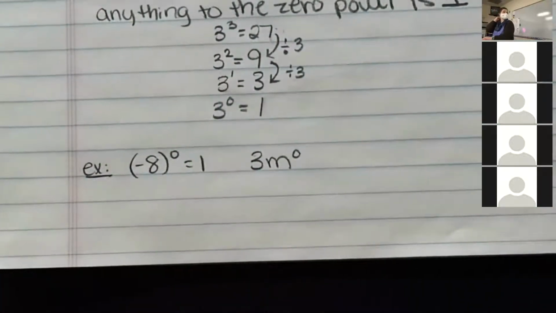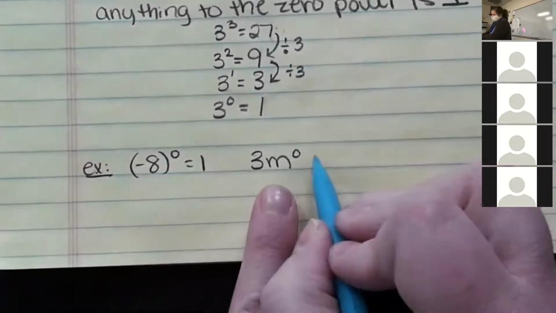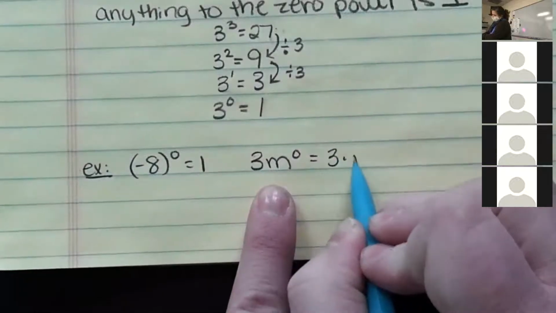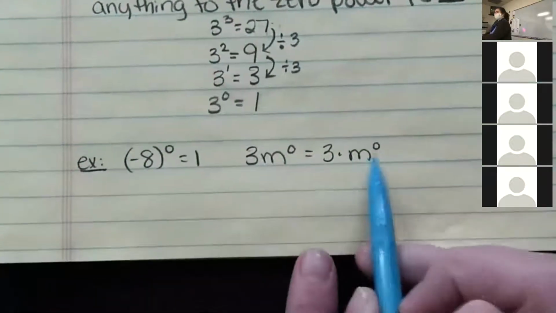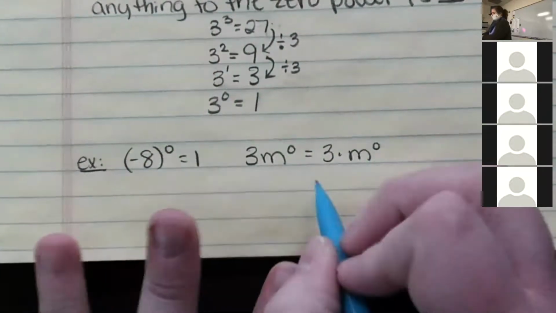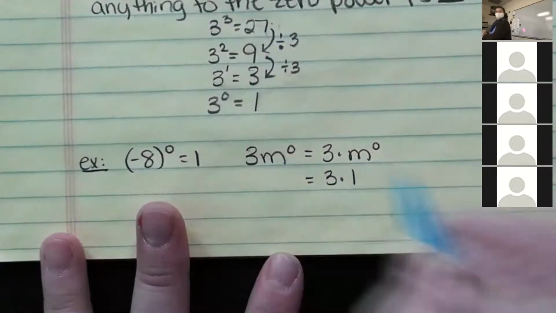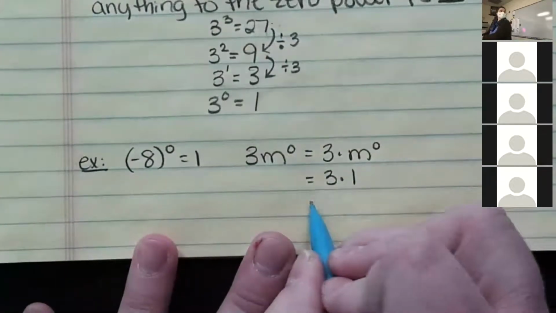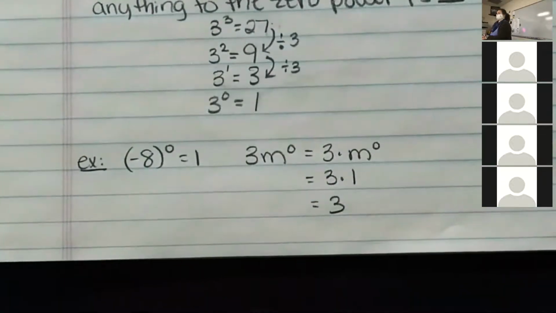Ooh, let's break this apart. What's that 3 doing to that m to the 0 right now? Oh, wait, that's being multiplied, right? So I have 3 times m to the 0, but m to the 0 is really what? 1. So this is just 3 times 1, which is 3. So you have to be careful because you have to think, is that a coefficient? Is that getting multiplied against it? Okay, that 0 power is only on that m.